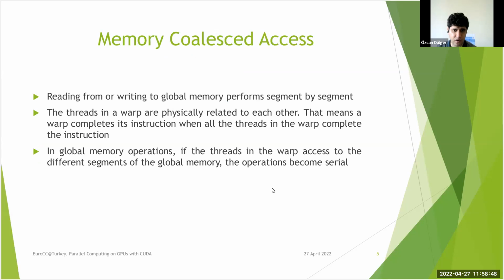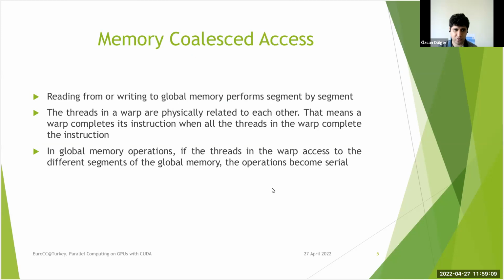Let's start with coalesced access to the global memory. Reading from or writing to global memory is performed segment by segment. That means the threads in a warp are physically related to each other.